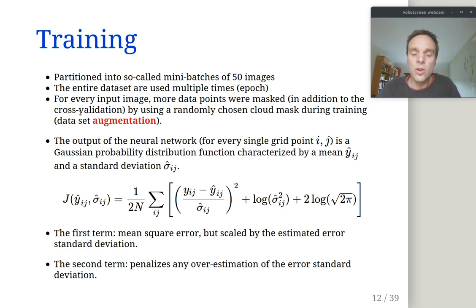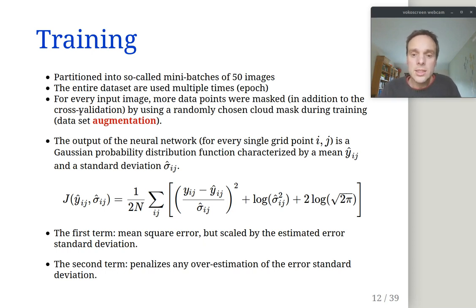And there is a fairly elegant way to do it, using the expression of the likelihood. So what we're actually maximizing is the likelihood of the observed value given our estimated mean temperature and mean error variance, where here mean temperature and error variance are really for every pixel, for every location in space and time.